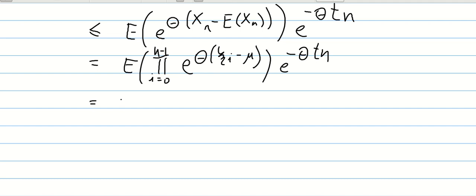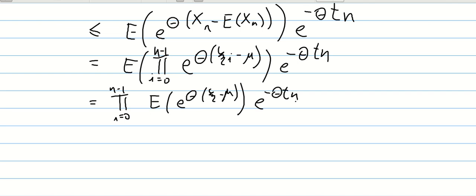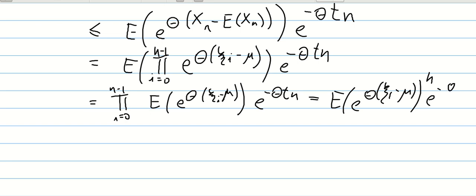So this is the product of the expectations we assume to be finite. Now, these are IID. Sorry, I forgot the I here. They have all the same distribution. So this is going to be the expectation of e to the theta (psi_1 minus nu), to the n, times e to the minus theta t_n.